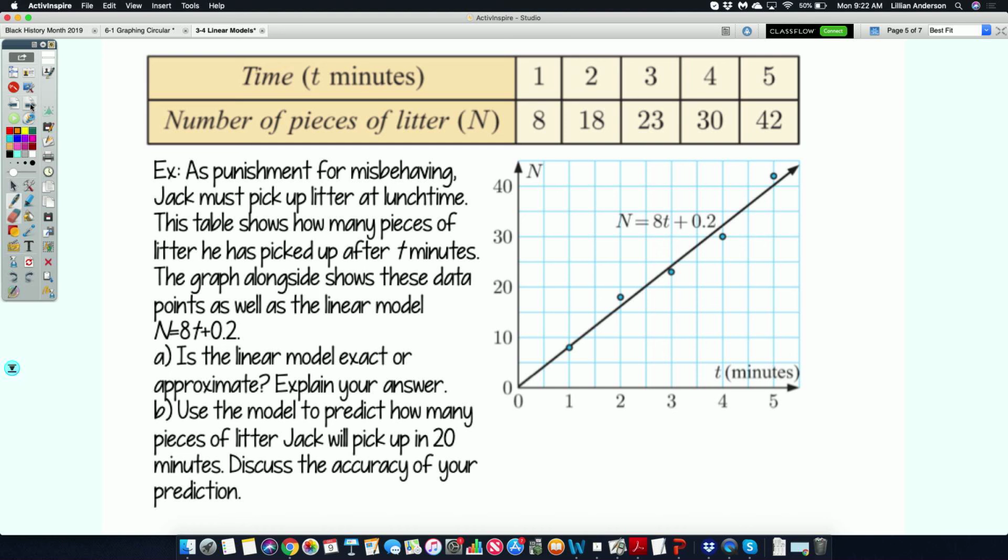When you look at this graph, this one clearly is not exact. It's an approximate model. And look at your table of values. To go from 8 to 18, how much did you increase? 10. To go from 18 to 23, 5. To go from 23 to 30, 7. To go from 30 to 42, 12.